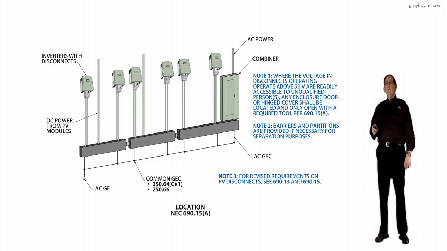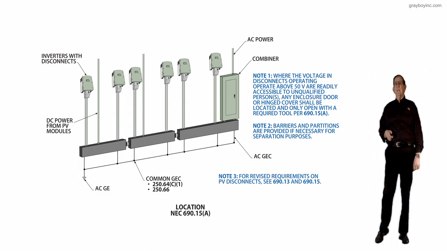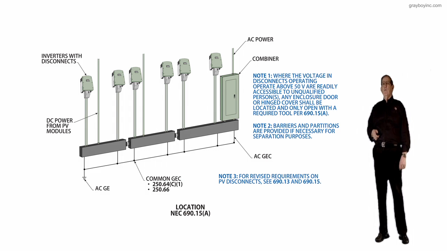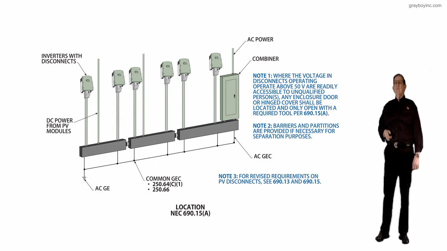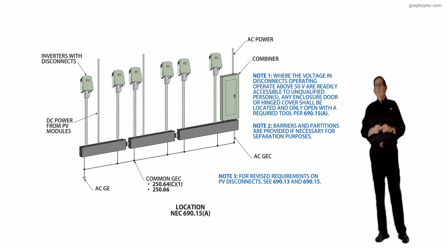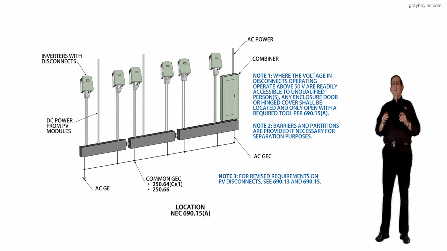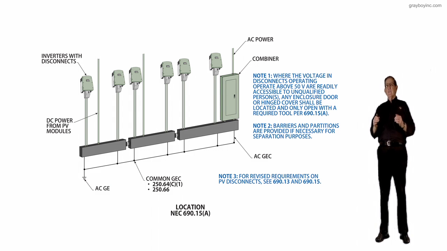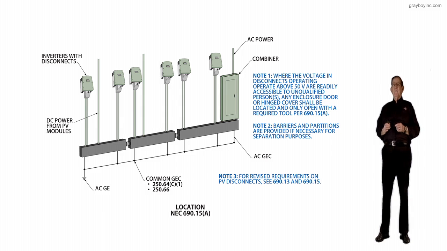Now, Note 1 says where the disconnects are operating above 30 volts and are readily accessible to unqualified personnel, any enclosure door or hinged cover shall be locked or only openable with a required tool as required in 690.15(A).